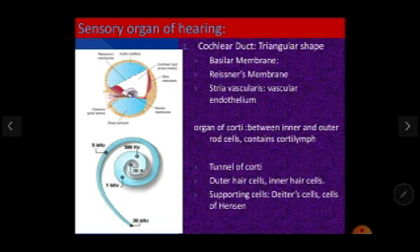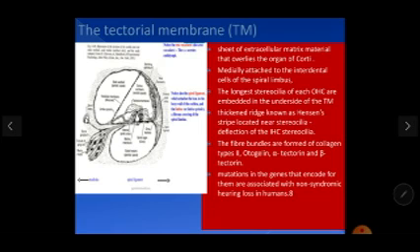So because of this, it causes some mobility characteristics, and due to which you can hear high frequency sounds in the basal turn and the low frequency sounds in the apical turn. So this representation of the different frequencies of sound in the different parts of the cochlea is known as tonotopic representation.